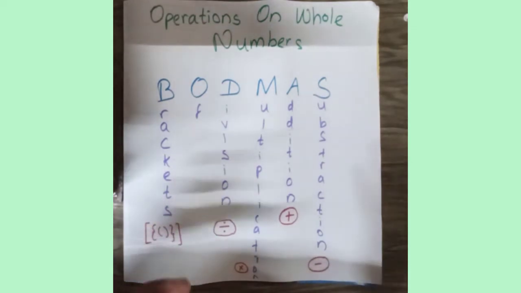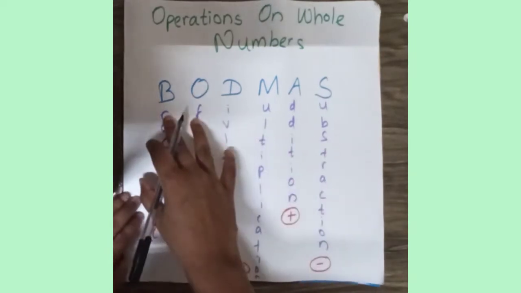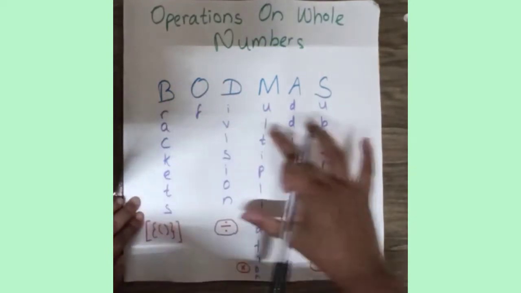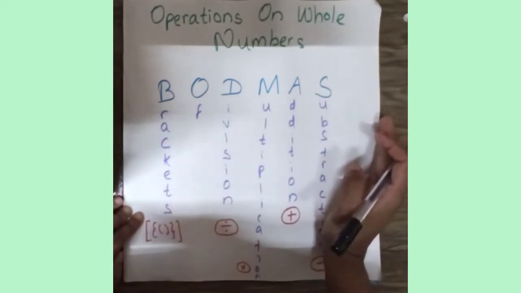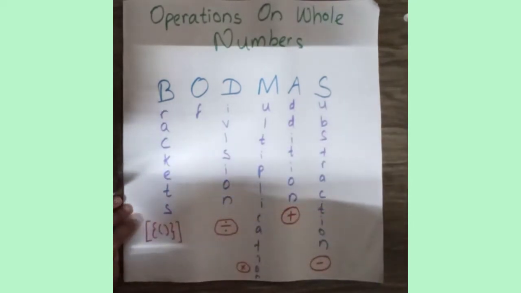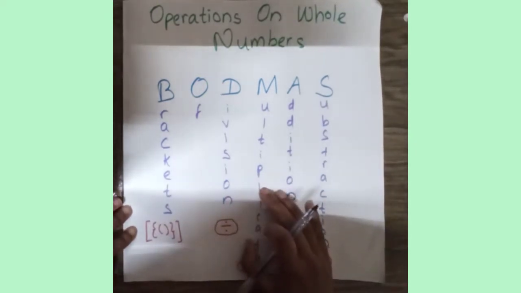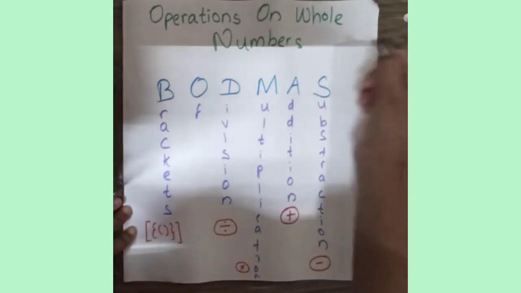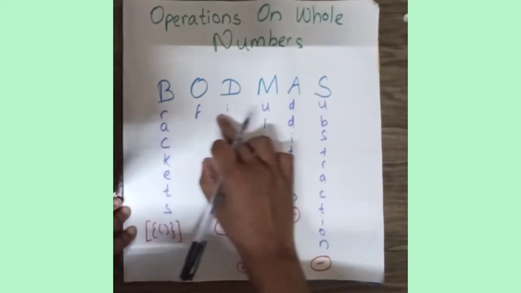Why did we call this in this sequence? Because this is the sequence how we are going to solve the expression when the expression includes different types of mathematical operations. So, just you have to look at the expression and solve it according to this sequence.